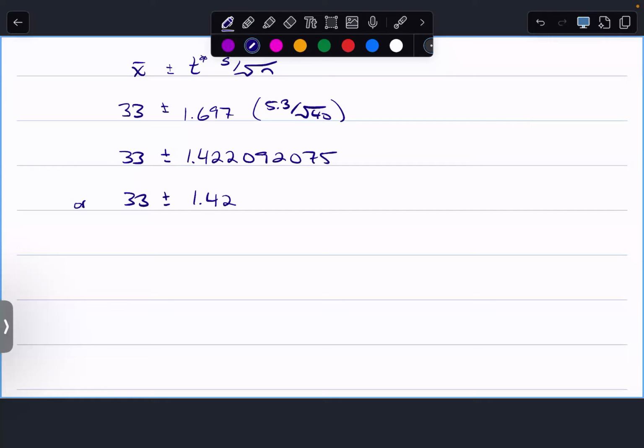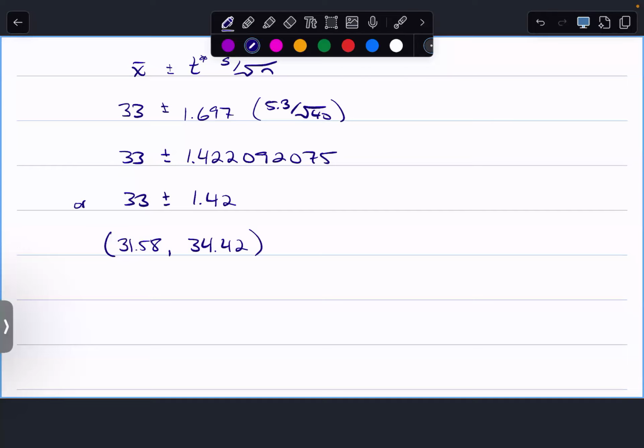So then I get 33 minus 1.42 is 31.58, up to 33 plus 1.42, which is 34.42. Again, this interval is all above 30, which matches what we found in the hypothesis test.